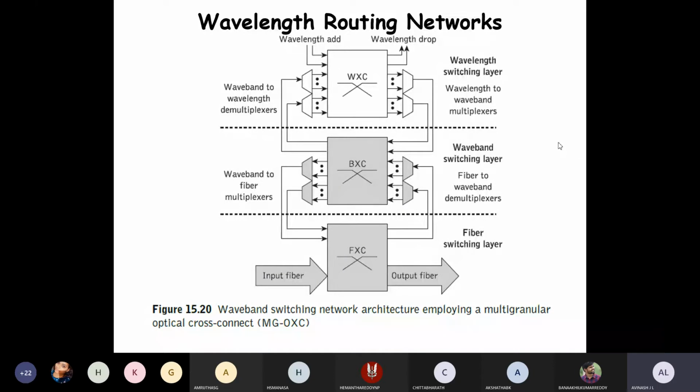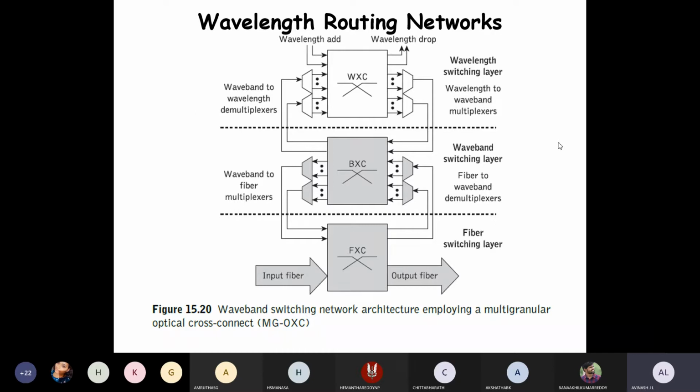In the wavelength switching layer, the wavelength to waveband multiplexer happens. In the top stage, you can see the wavelength to waveband multiplexer conversion, the signaling happening.